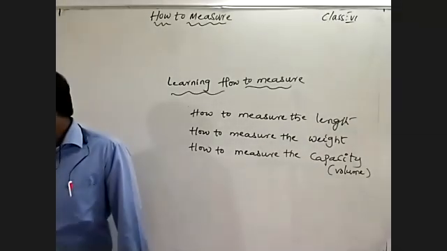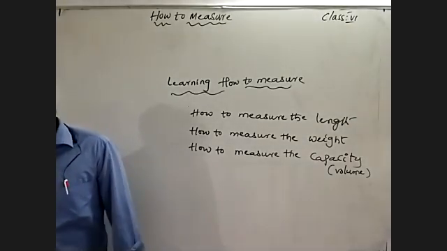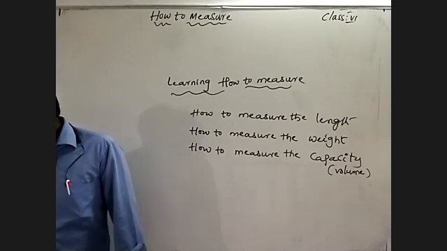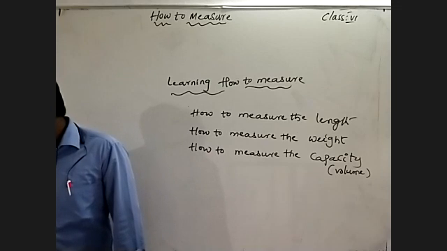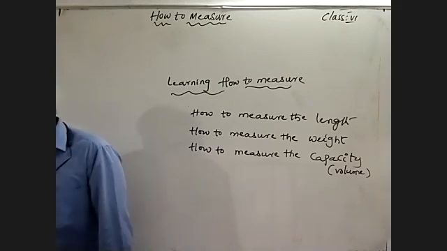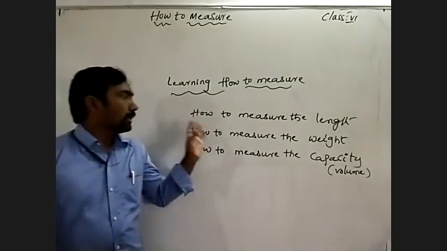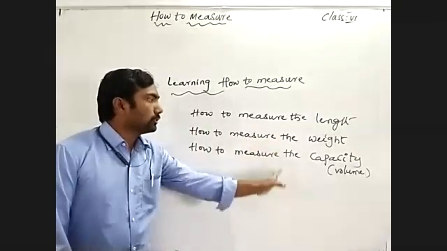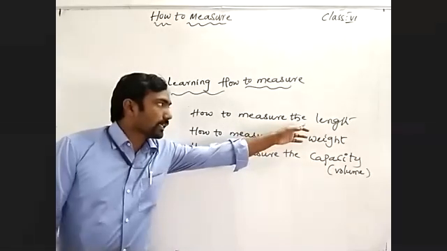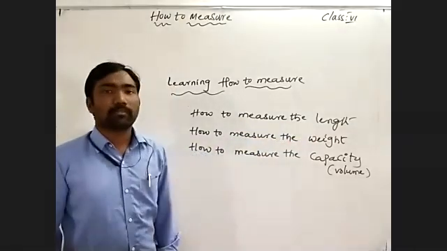And also we learned the different types of units, like we discussed, by conversion from multiples to submultiples of each unit to measure physical quantities: length, weight, capacity, or volume.